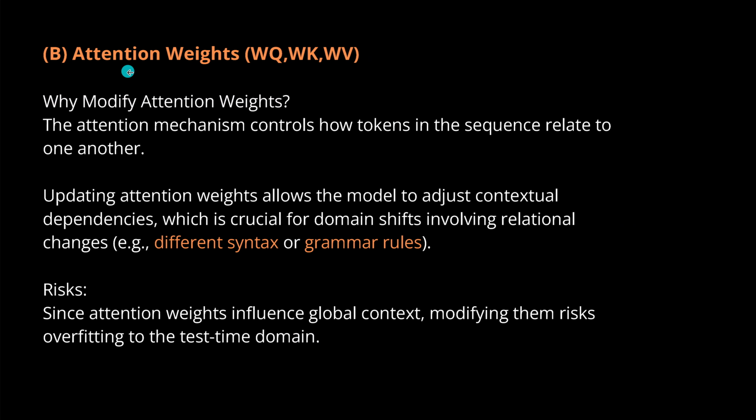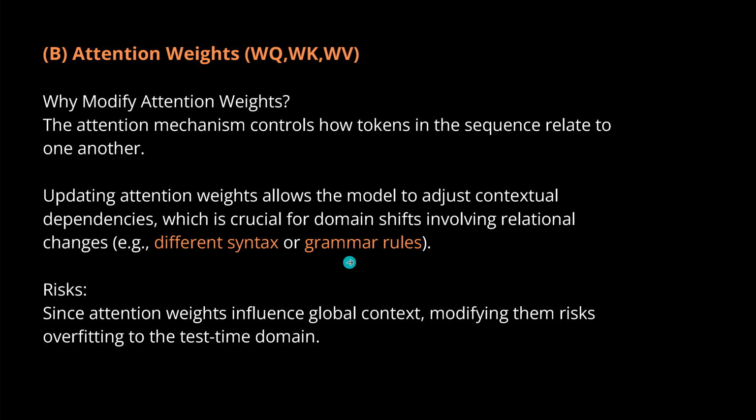When should you modify the real attention weights? Your query, key, and value. The attention mechanism controls how the tokens in the sequence relate to other tokens in the sequence. Updating the attention weights allows the model to adjust contextual dependencies, which is crucial for slight domain shifts involving relational changes. And this is the use case if you have a different syntax or if you change the grammar rules. Then you have to modify your attention weights.